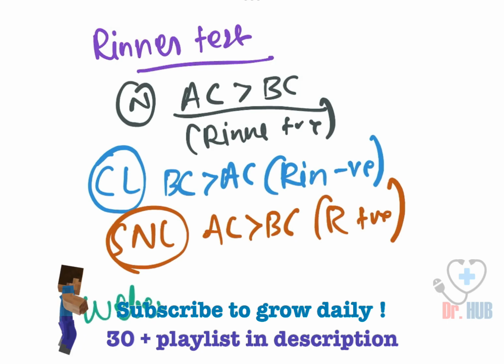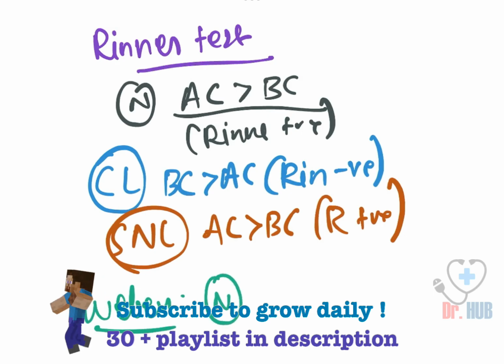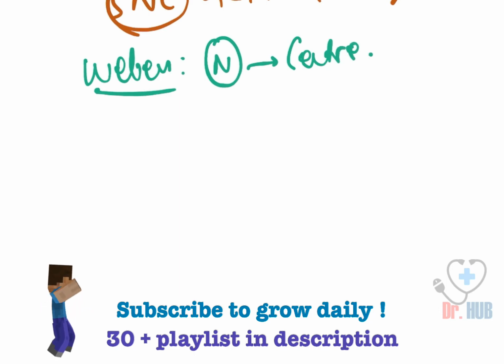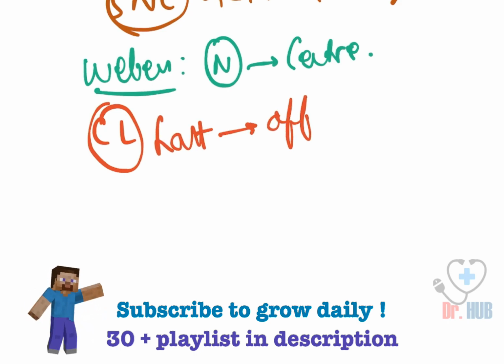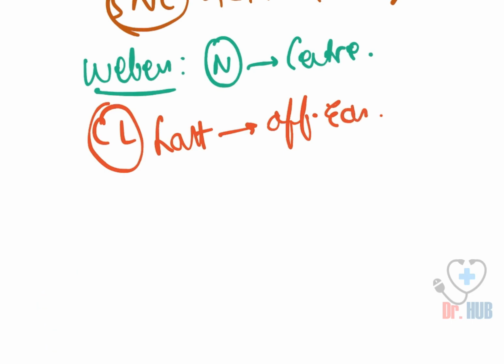Next comes the Weber's test. The Weber's test is normal, central. Next, the conductive loss: it is lateralized to the affected ear.